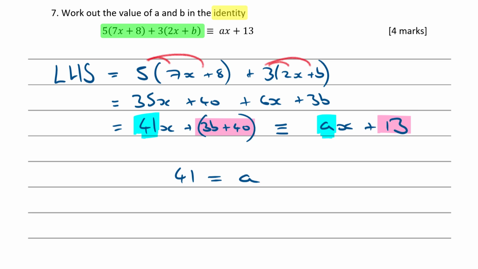So my 3b plus 40 must be equal to 13. Rearranging that, subtract 40 from both sides, and we're going to get 3b is 13 subtract 40, which is minus 27, and then divide both sides by 3. b is going to be minus 9, then, isn't it? Okay, so a is 41, b is minus 9.